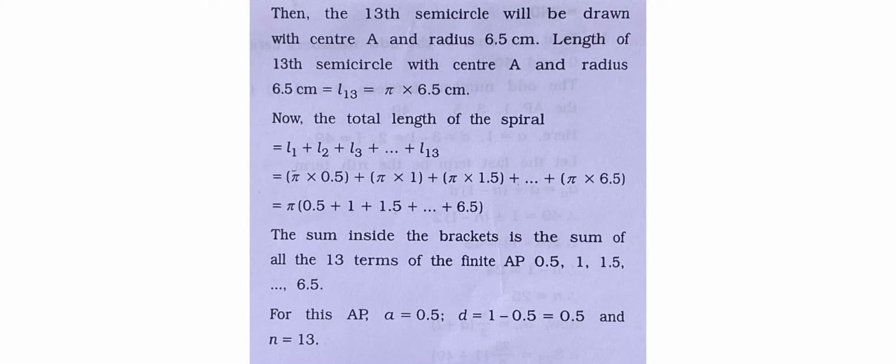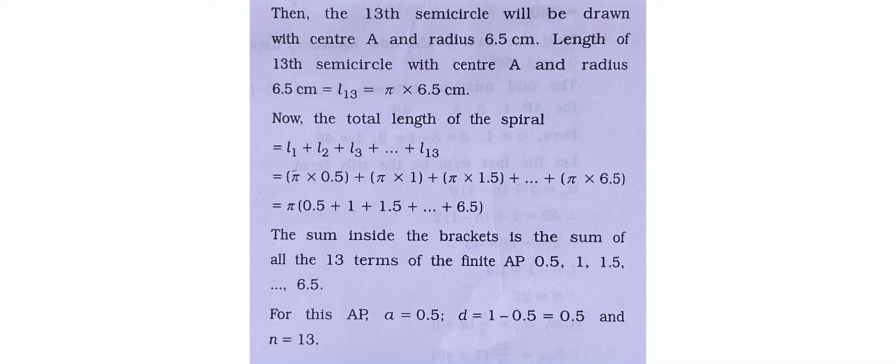So when we substitute the values, we will get pi into 0.5 plus pi into 1 plus pi into 1.5 till pi into 6.5. Now here you can see that pi is common in all the terms. So when we take out pi common, we'll get pi into 0.5 plus 1 plus 1.5 till 6.5. Now here 0.5, 1, 1.5 form an AP.